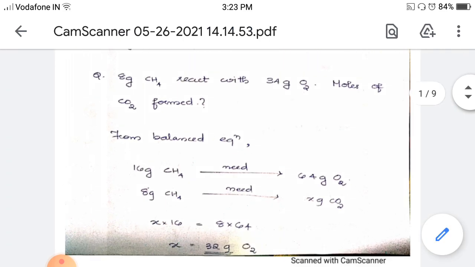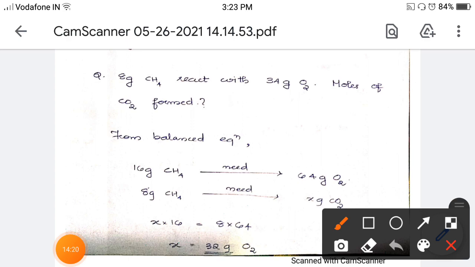You just see this question first. 8 gram CH4 reacts with 34 gram O2. Then find out the number of moles of carbon dioxide formed. So here 8 gram CH4 is present, and 34 gram of O2. Then we are finding the limiting reagent.